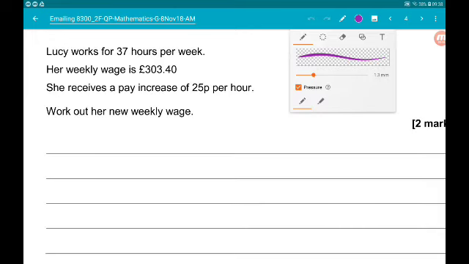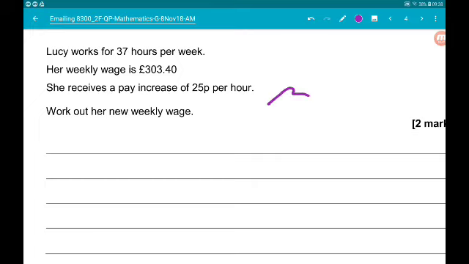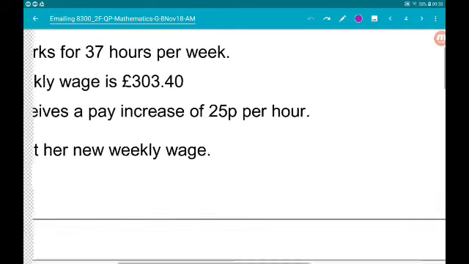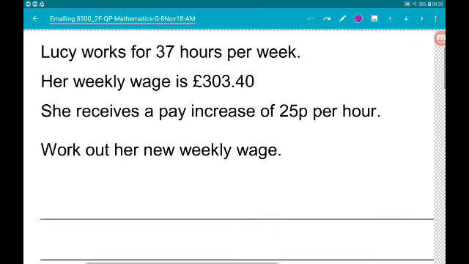Question 5. Lucy works for 37 hours per week. Her weekly wage is £303.40. She receives a pay increase of 25p per hour. Work out her new weekly wage. Okay, so there's a couple of ways we could do this.